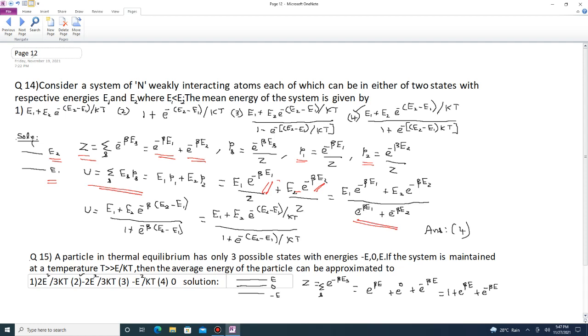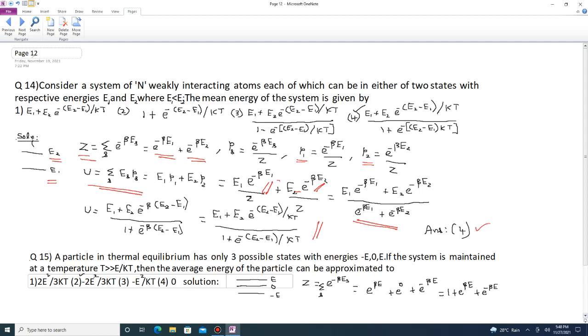Therefore, the expression for U becomes E1 plus E2 e power minus of E2 minus E1 whole divided by Kt, whole divided by 1 plus e power minus E2 minus E1 by Kt. So option 4 is the correct option.